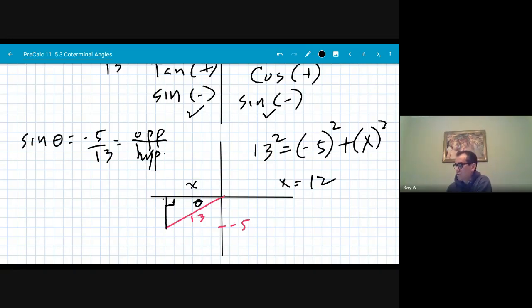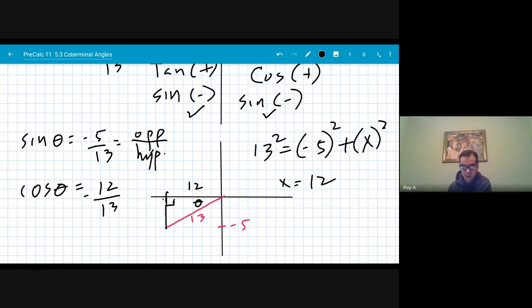So this side has a length of 12, which means this one really is negative 12, since it has a measurement of 12. Since we already found our opposite side, cosine would be 12 over 13. But since we are in quadrant 3, it is going to be negative 12 over 13.